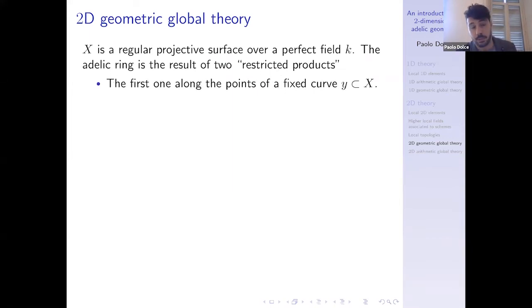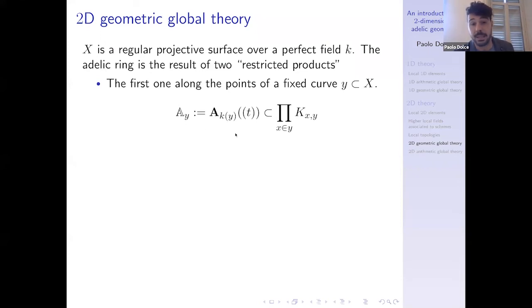As I was saying, the first one is when we fix a curve and we let the points vary on our curve. So we get this object I called A_Y, which is the Laurent power series over the ring of adeles associated to Y. To be precise, to the function field of the curve Y. This can be embedded in this product, but this is, let's say, the semi-local object.